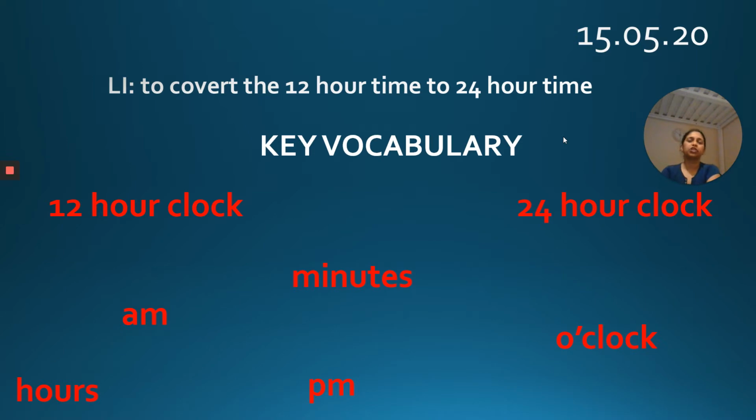Make sure you have that piece of paper and your pencil ready, and your date is on there for you with your LI: to convert the 12-hour time to 24-hour time. Some of the keywords you have used this whole week are 12-hour clock, 24-hour clock, AM, PM, hours, minutes, and o'clock.